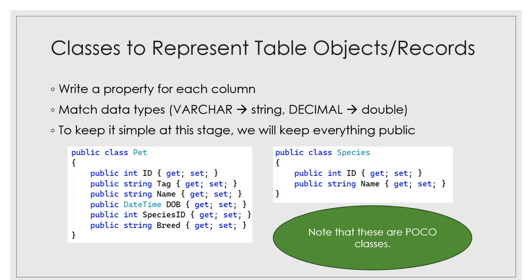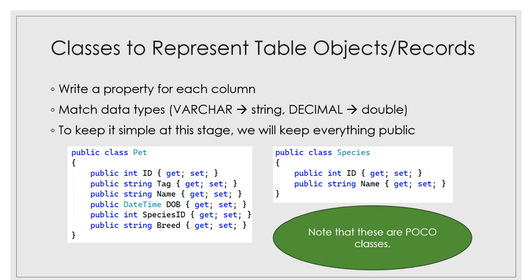These are what we call POCO, or plain old CLR objects. Very rarely, in fact, virtually never, with an object relational mapping system, do we do that kind of coding inside the class itself. For one reason, we leave that up to other parts of the application to do the same kind of logical enforcement of whatever the rule is that you're trying to do, right?